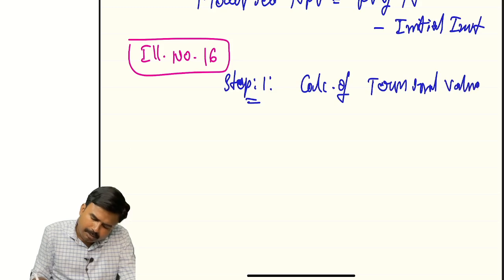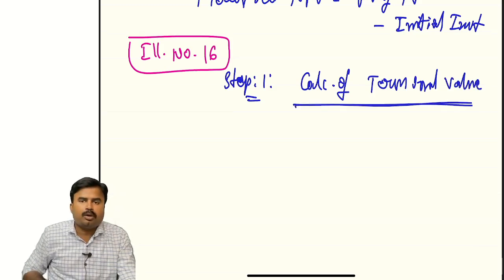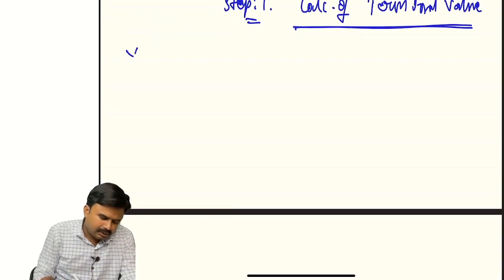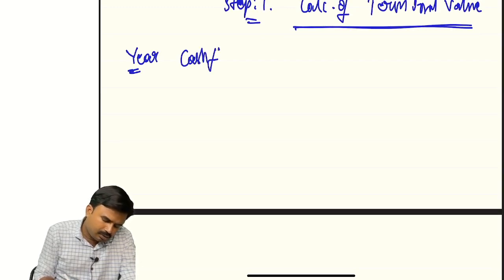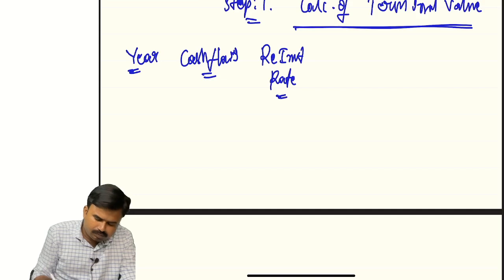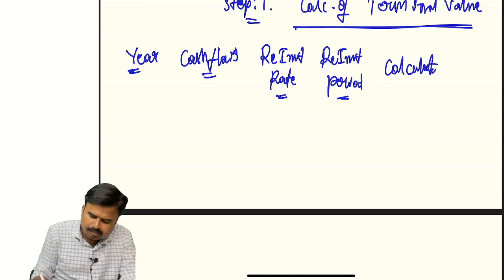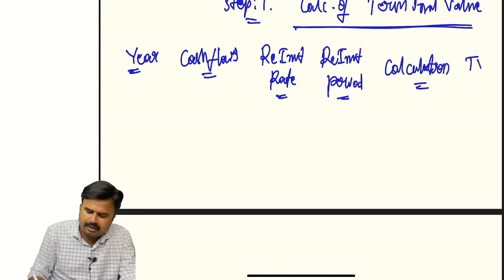The same columns I am going to take, along with one additional column called reinvestment rate. Year, cash flows, reinvestment rate, reinvestment period, calculation, and finally the terminal value.